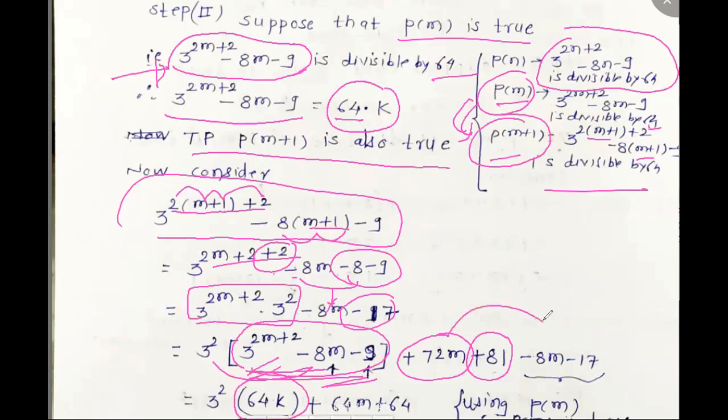Now 72 minus 8 is 64, so this is 64m. And 81 minus 17 is 64. So 64m plus 64.